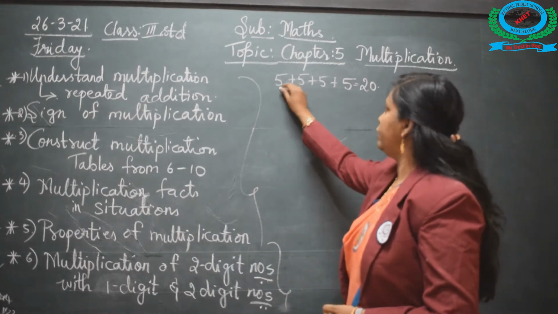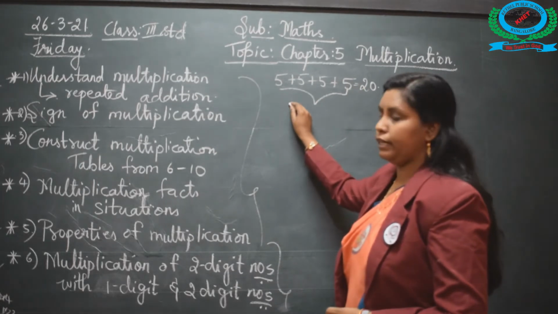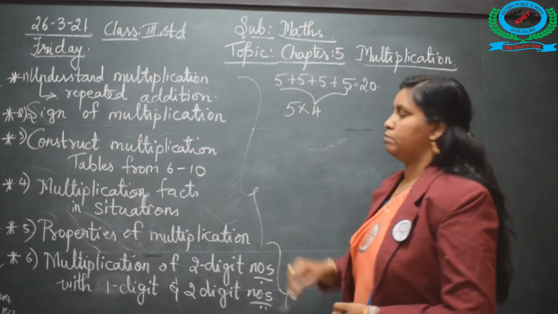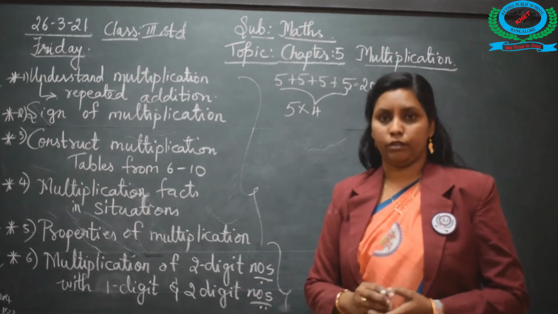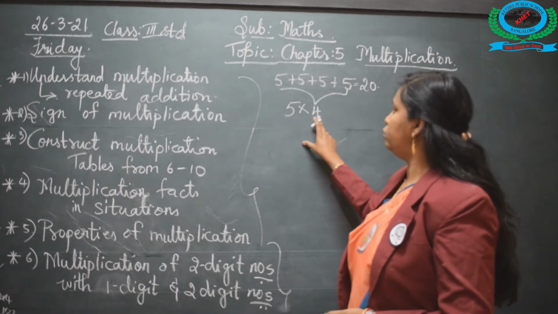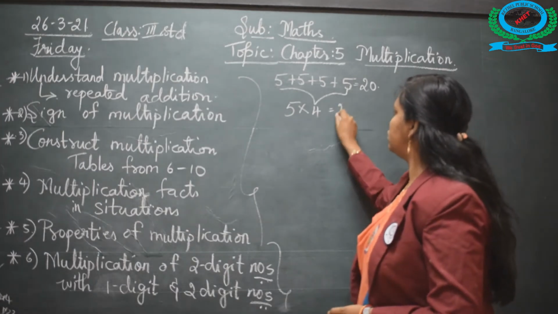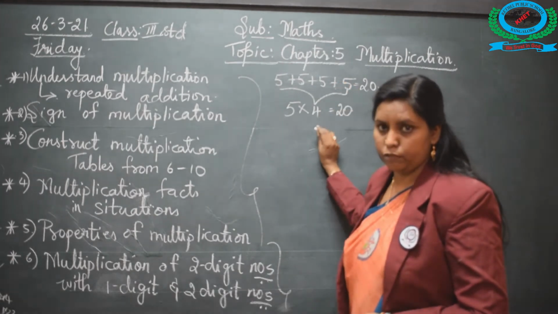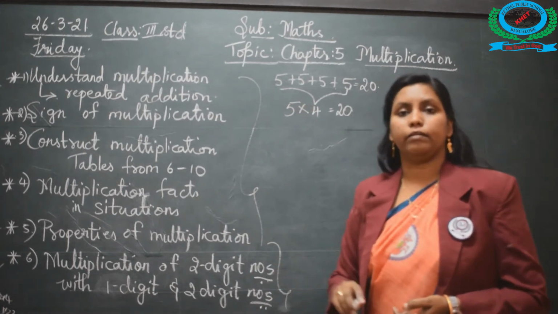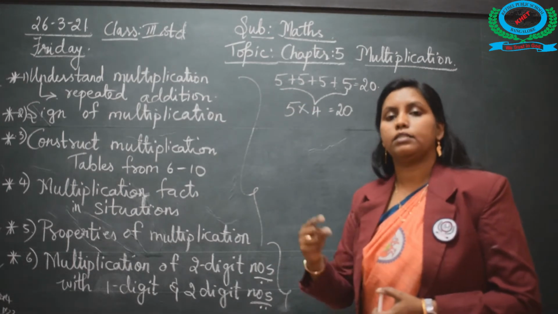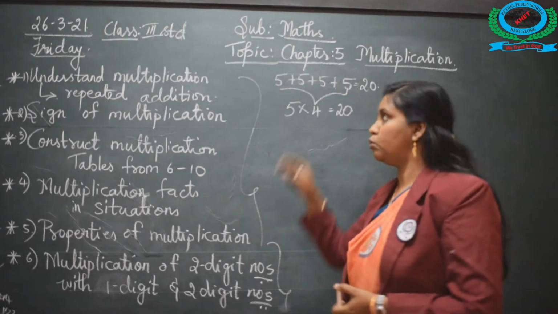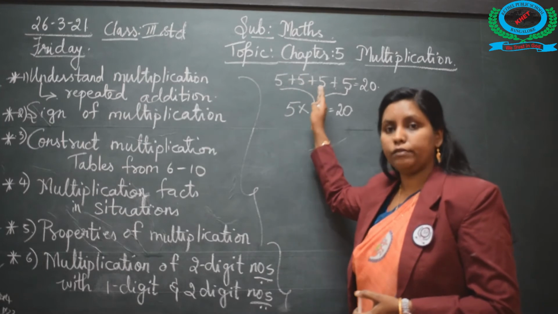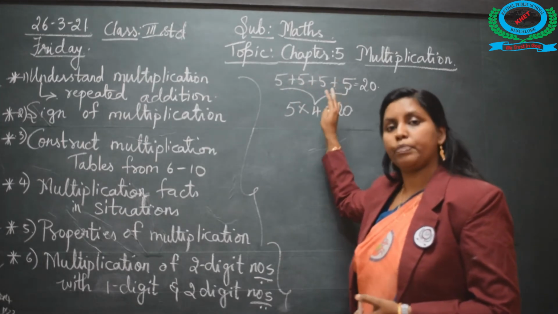Okay, and when you multiply this, how can you write it? 5 into 1, 2, 3, 4. 4 times. 4 times of 5. So you are multiplying 5 into 4 times, that gives you 20. Okay, so this is the addition form and this is the multiplication form. The same number is repeated again and again, so it is called repeated addition. 5 plus 5 gives you 10, 10 plus 5 gives you 15, 15 plus 5 gives you 20.